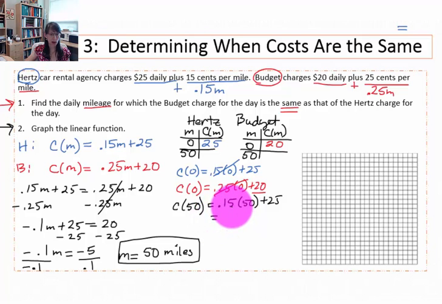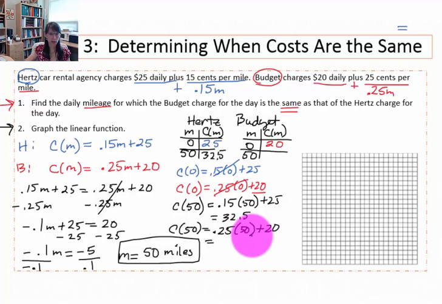So 0.15 multiplied by 50 is going to give us 7.5 added to 25, so that's 32.5. Now if I go back to the budget cost function and substitute 50, that would be 0.25 times 50, add 20.